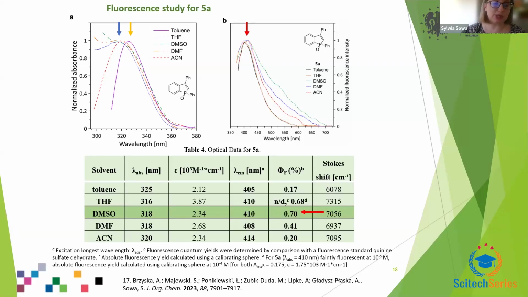And we can say also that it's a very weak fluorophore with a highest fluorescence quantum yield equal to 0.7% in DMSO. And then we see the decrease due to non-radiative dissipation.